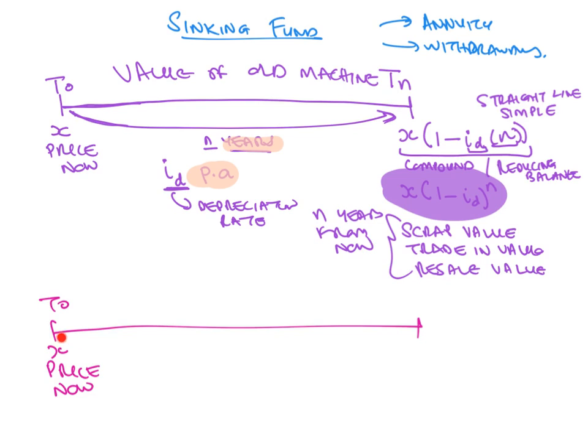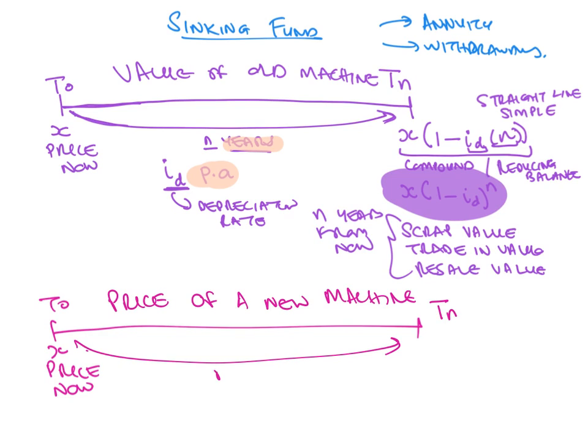So what will the price of that same machine be in the future if I want to purchase a new vehicle? What will the price of a new machine be n years from now?